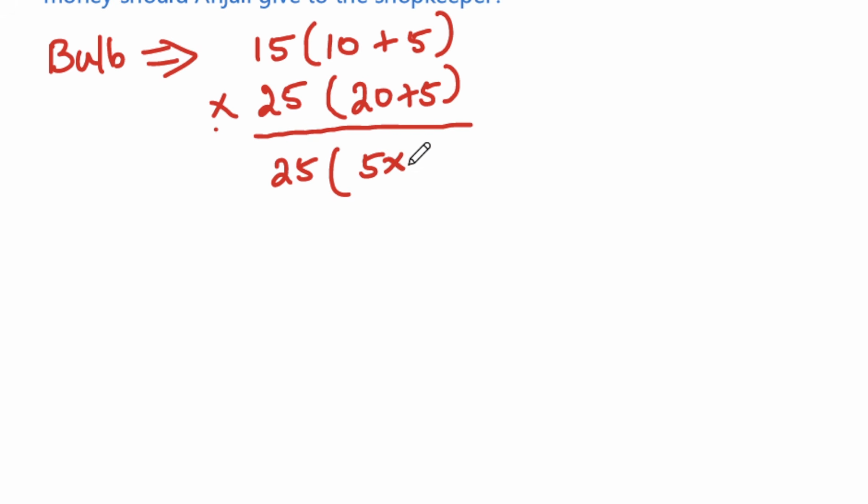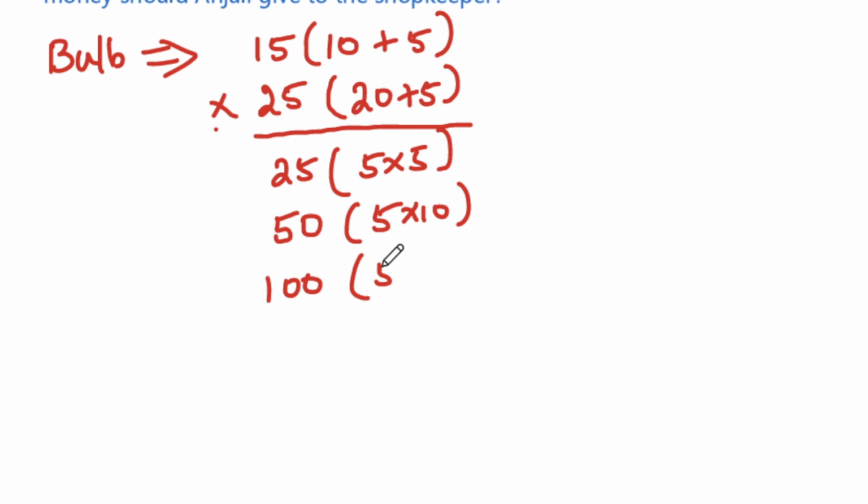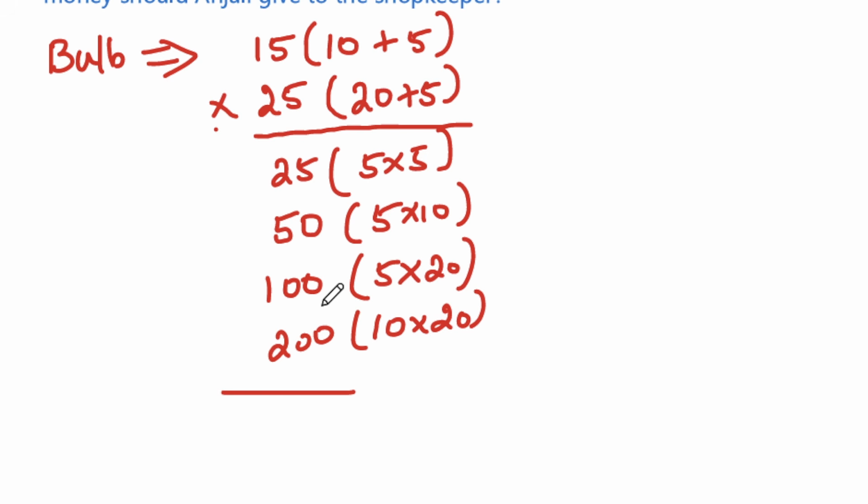Next 5 into 10, 50. Next 5 into 20, which is 100. Next 10 into 20, which is 200. Okay, so we have to add 200 plus 100 is 300, 350, 375. So rupees 375 is bulb.